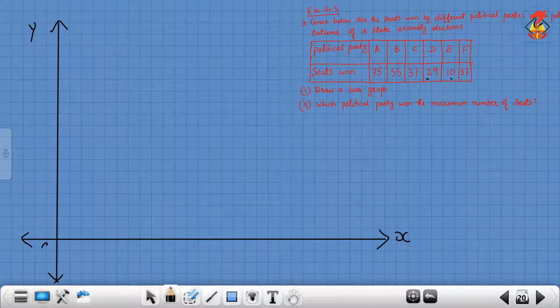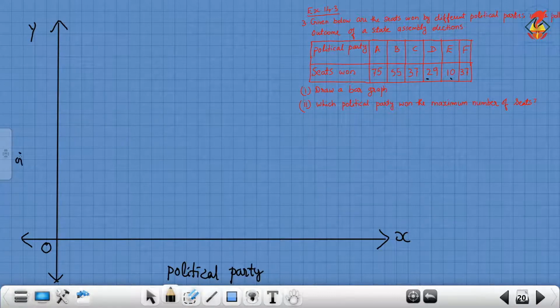The point of intersection of the two axes is 0, that means origin. Next, write political party there. Here seats.